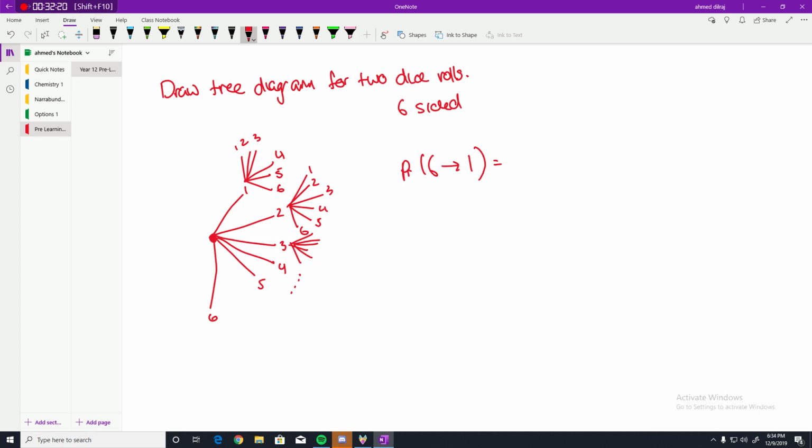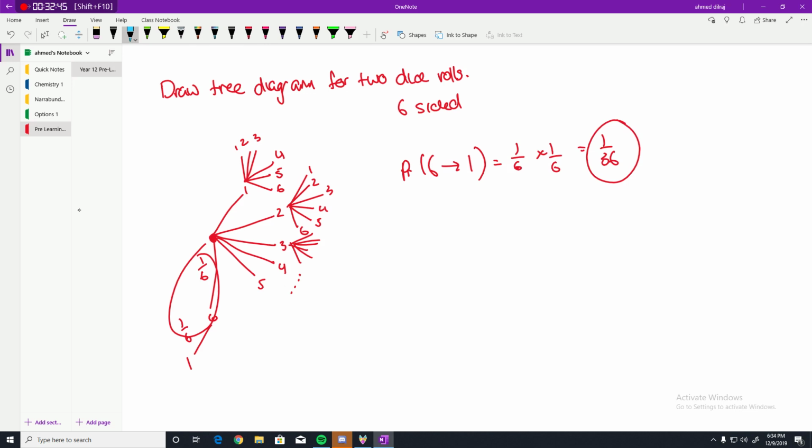In probability, we rarely use decimal points unless we have to, right? What Daksh did is he realized that the probability of a 6 occurring is 1 on 6, and the probability of a 1 occurring is 1 on 6, and he just multiplied them together. So he got 1 over 6 times 1 over 6, which is 1 over 36, and that's the probability of a 6 and then a 1, right?